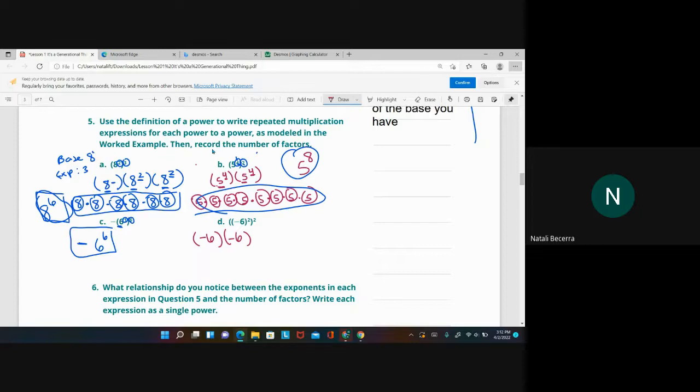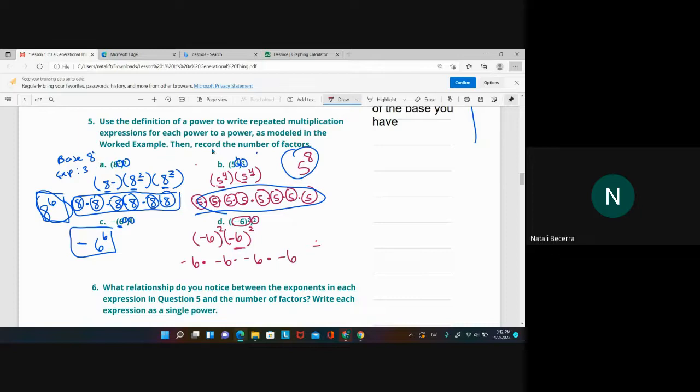Yeah. So I had negative 6 to the power of 2, and then negative 6 to the power of 2, because this whole thing is inside of this whole thing, right? So now I can rewrite this again. I have negative 6 times negative 6, and then I have to take care of this one, negative 6 times negative 6.